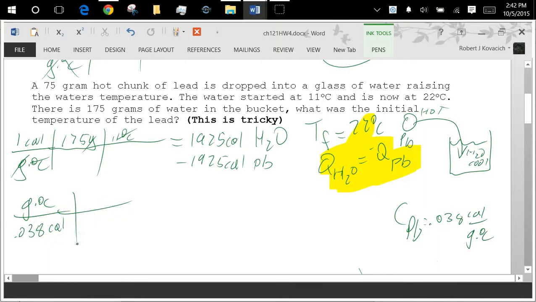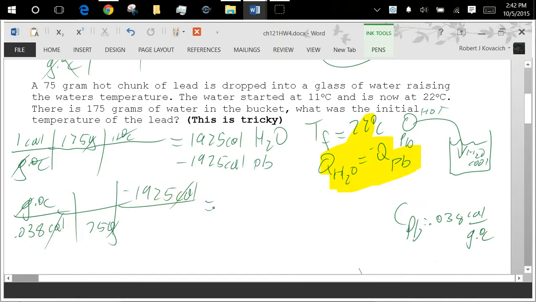So I wrote it upside down, which is okay. I can get rid of the gram number by throwing in 75 grams here. I can get rid of the calorie number by putting negative 1925 calories up top, and the calories gone.